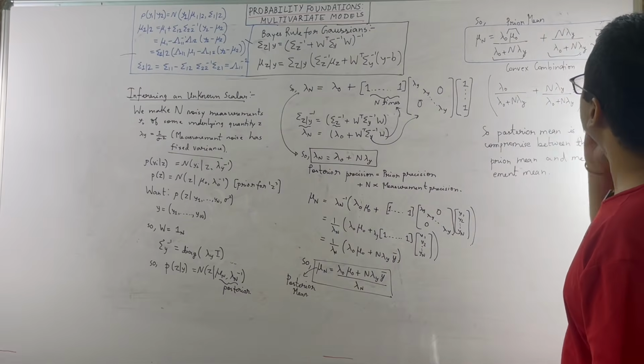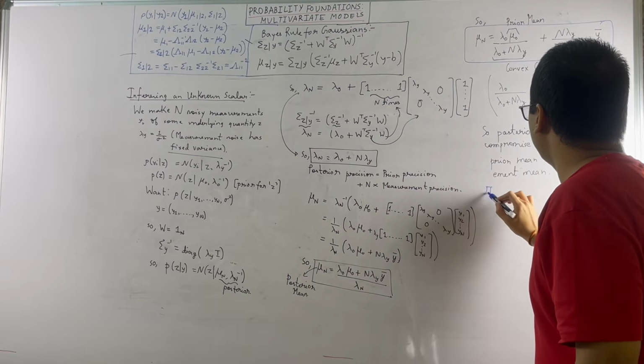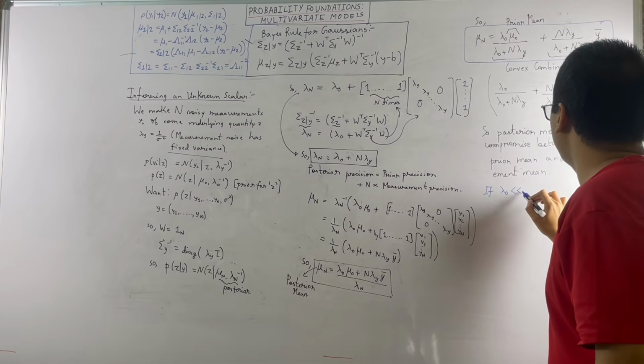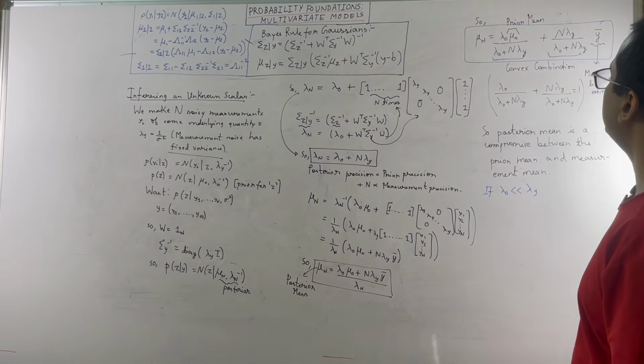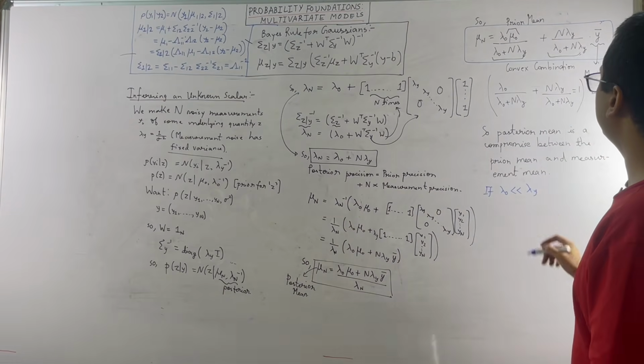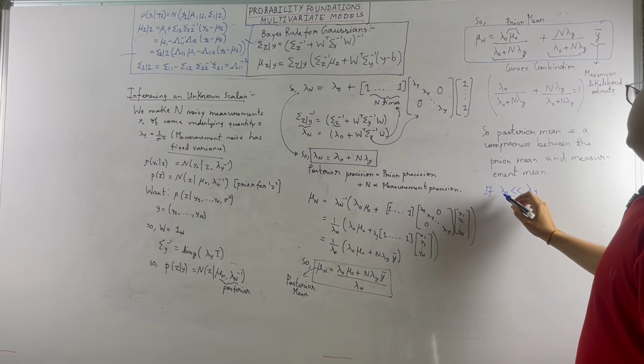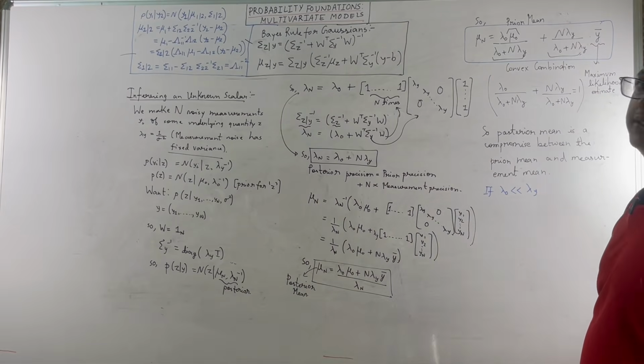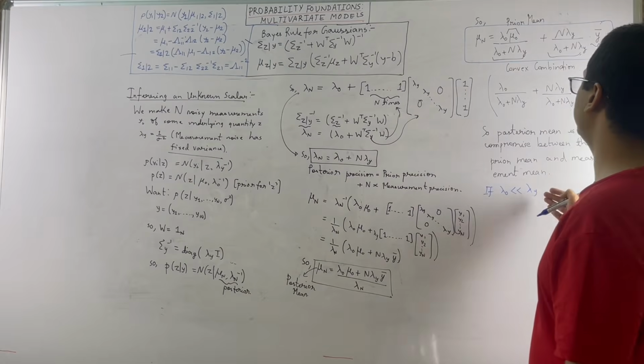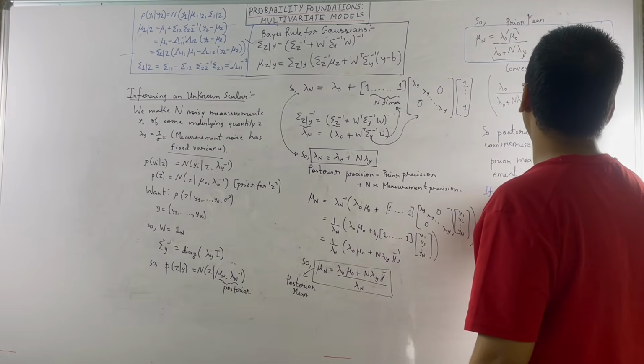Now think this way, if lambda naught is very very small compared to lambda y, what do we mean by that? That the precision of the prior is very small compared to the measurement precision, or n lambda y, let's say.